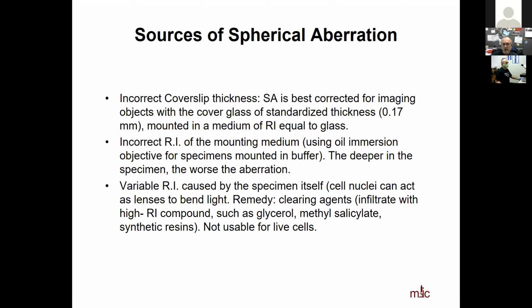The idea is then that you could remedy that if you extract as many components out of the sample, but still leave the important parts that you're interested in, and infiltrate that sample with some high refractive index compounds that will make everything very optically homogeneous. It could be glycerol, methyl salicylate, or some synthetic resins, but you cannot do this to live cells.